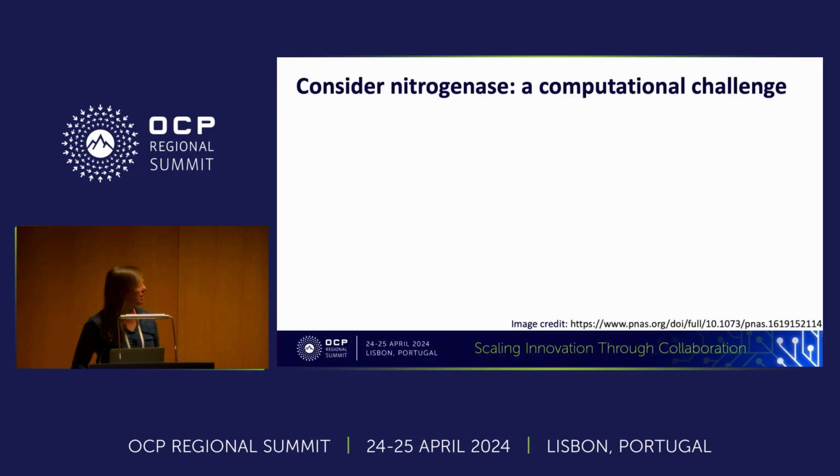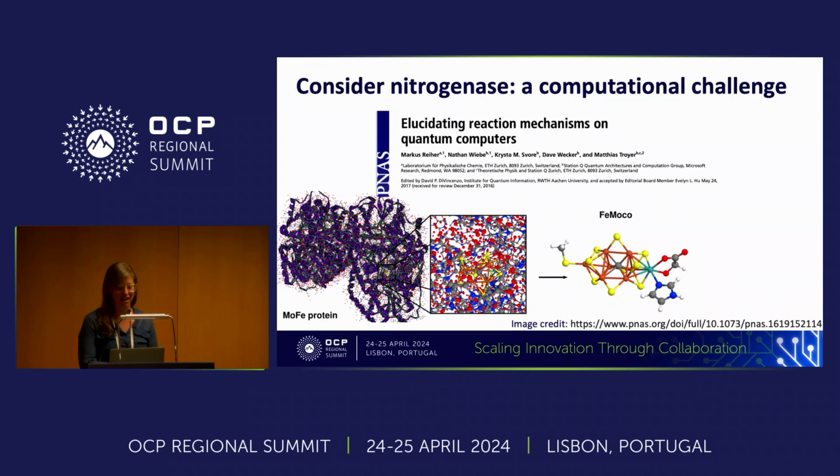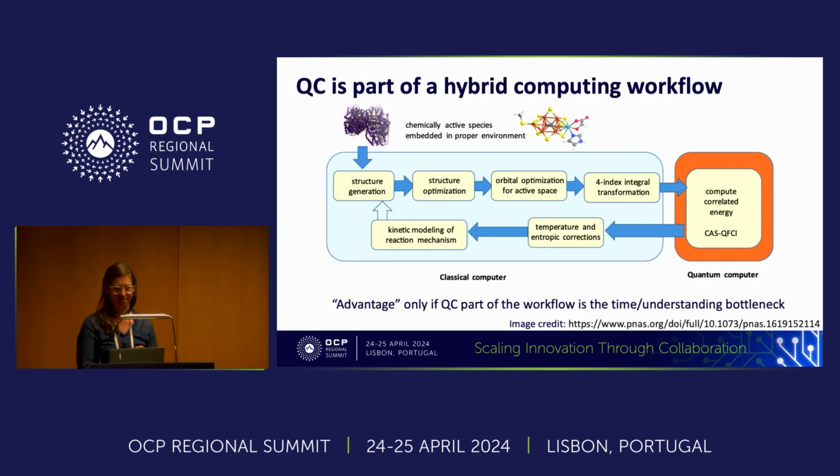So the reason that people like talking about nitrogenase is a very famous paper that said quantum computers might do something really interesting for enzymatic catalysis. And it might. But this is the workflow that you have for that sort of problem.